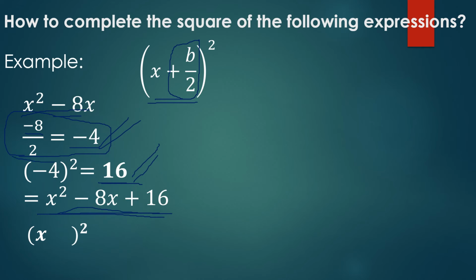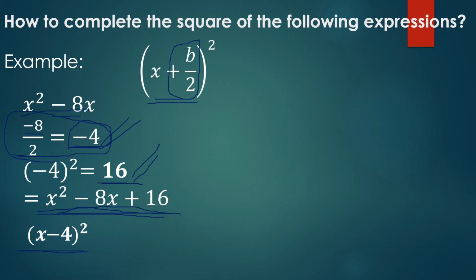Divided by 2, we have negative 4. Meaning, we are going to get negative 4 and ilalagay natin dyan. And that is our square of a binomial. Meaning to say, this perfect square trinomial is equal to the square of a binomial in the form x minus 4 quantity square.